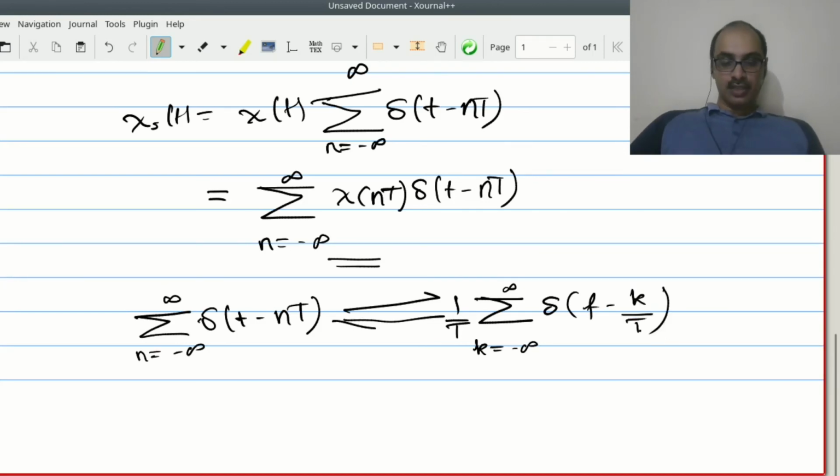The only issue is that it is separated by 1 by T. So in other words, if you have an impulse train which is spaced T apart in the time domain, then it is spaced 1 by T apart in the frequency domain.